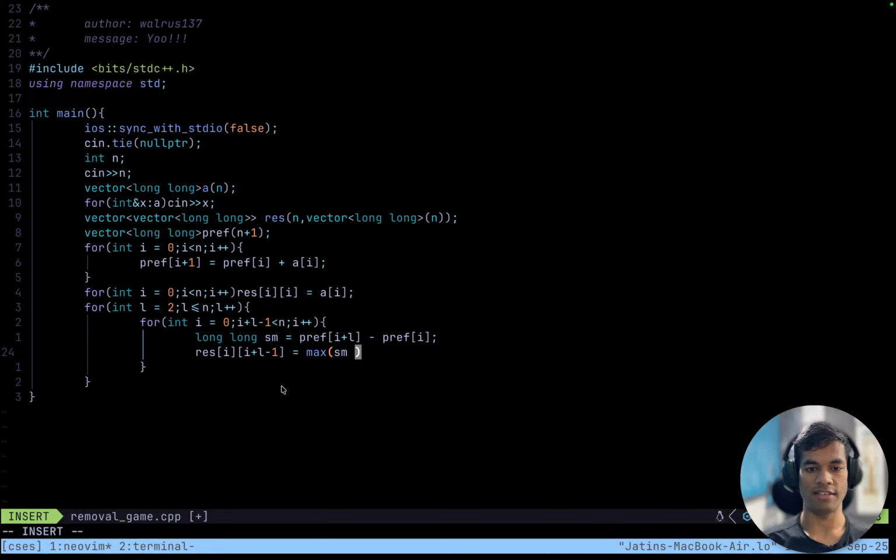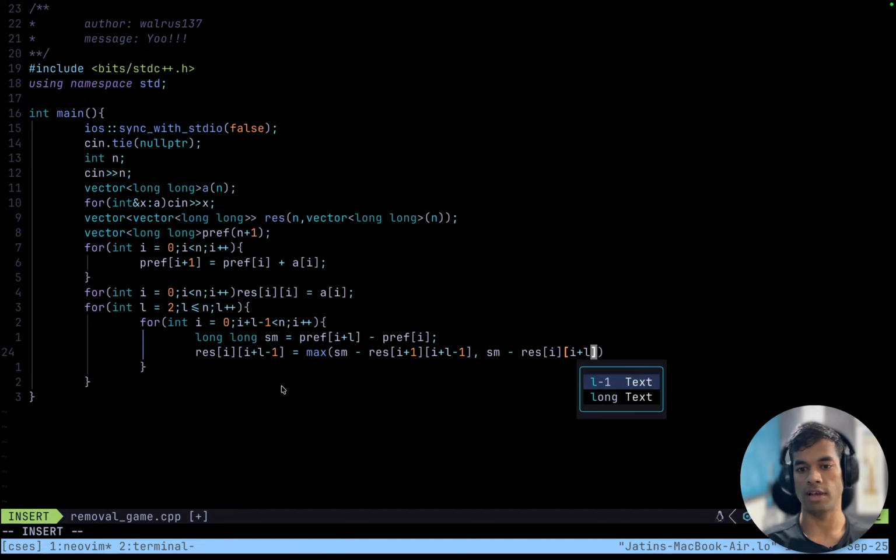And here Sm minus the best value from when we choose the left element. And if we do choose the left element, we're looking for something like this, i plus L minus 1. And if we do choose the right element, then the answer would be prefix sum minus the best value that the other person is going to get if the remaining array does not have the right element, which is i comma i plus L minus 2.